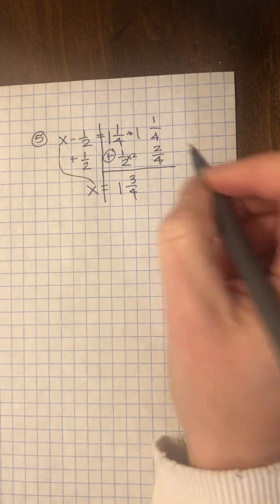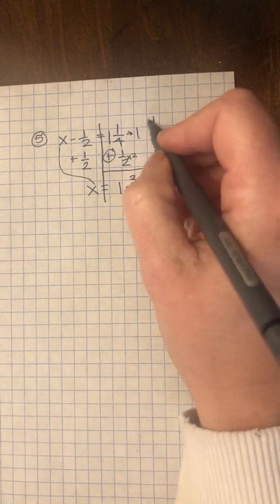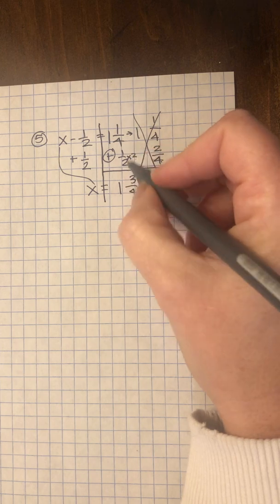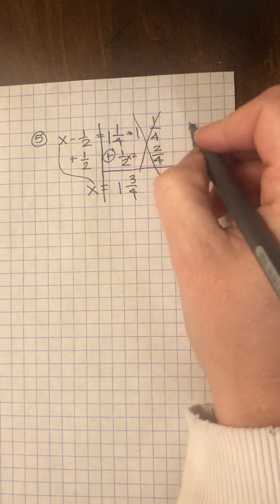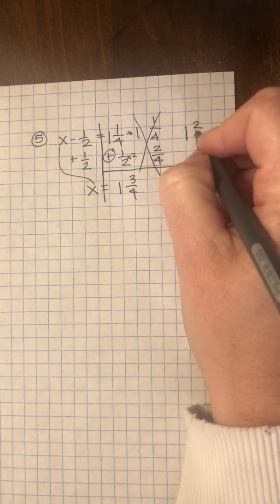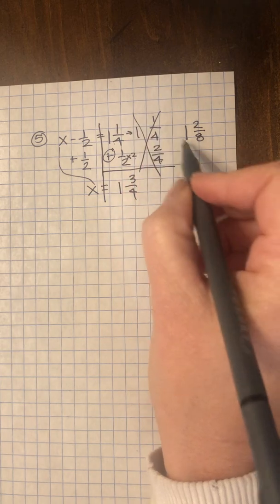Okay, if we had done, for example, maybe we didn't realize that 4 went into both and we said 8, we did 2 times 4 is 8, then that means 1 and 1/4 would turn into 1 and 2/8 because we would multiply them both by 2.